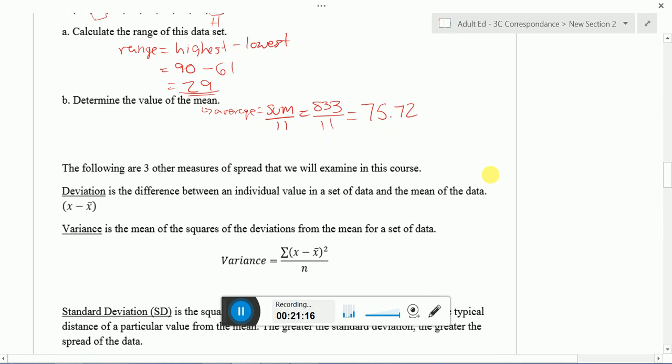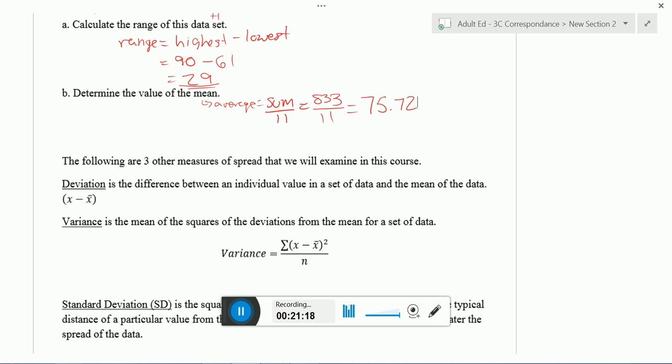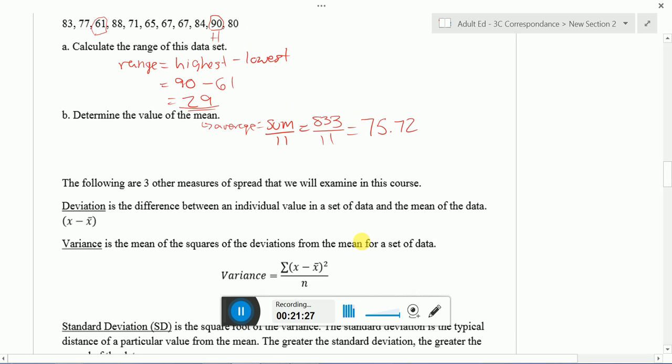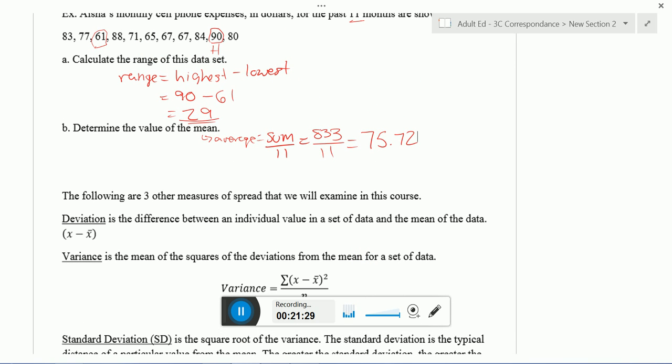Now, there are three other measures of spread that we're going to look at. The first is called the deviation. The deviation is the difference between any individual value and the mean. So what's the difference between, say, the highest one, 90, and your average, which for us would be 90 minus that 75.72.